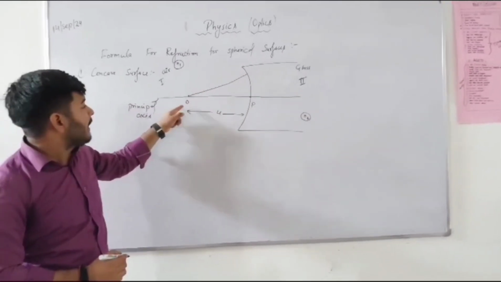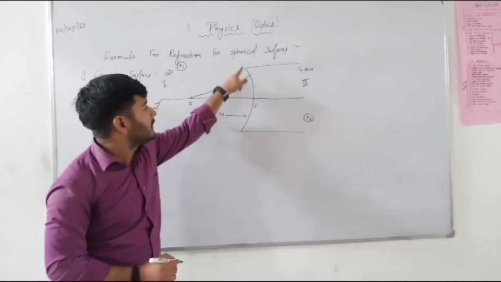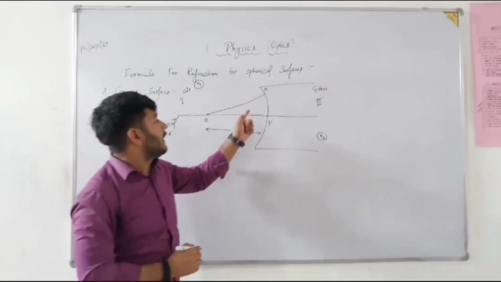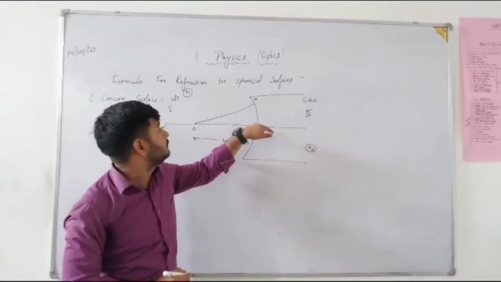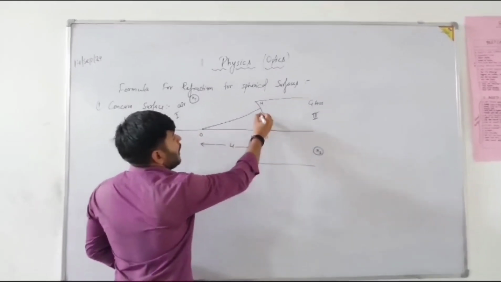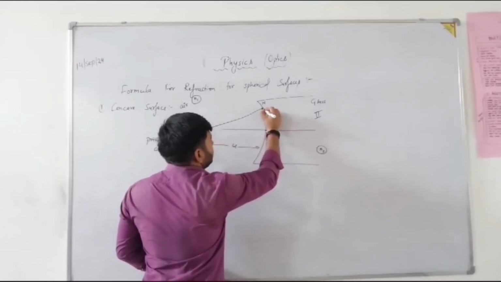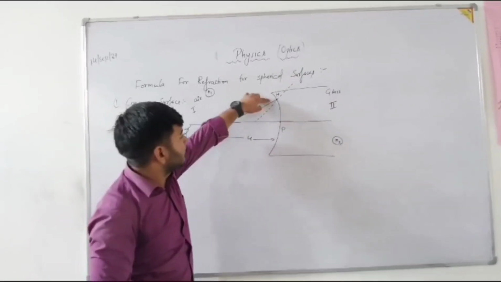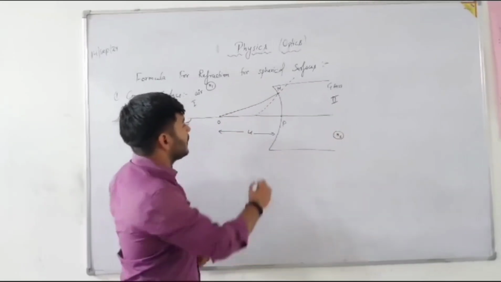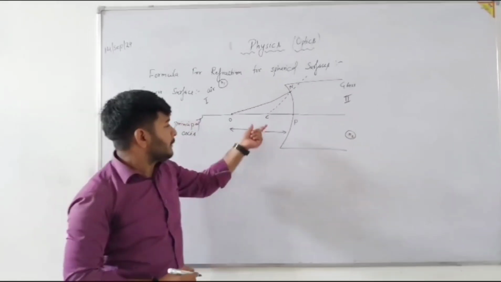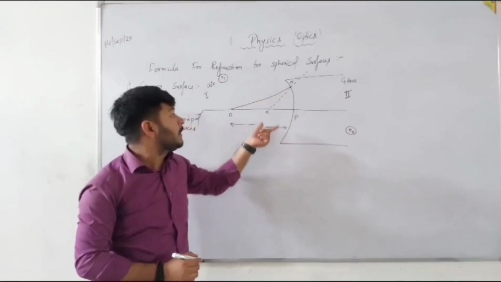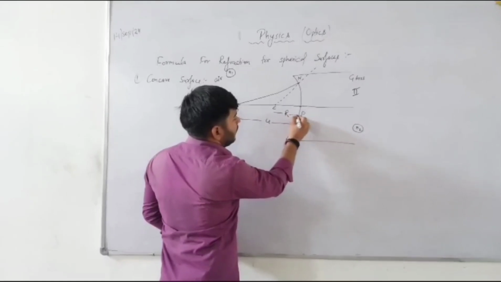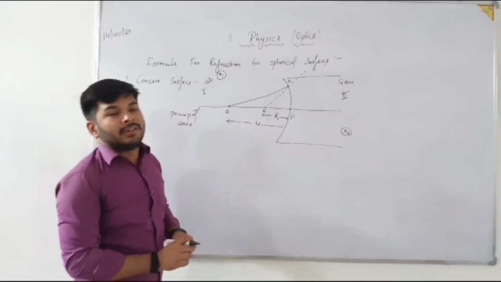This light ray comes out from a point object and hits the spherical surface at some point N. Now we will draw a normal passing through this point N, which hits the principal axis at point C. This point C is known as the center of the spherical surface, so the distance from the pole to this center point is capital R. This is the radius of the spherical surface.